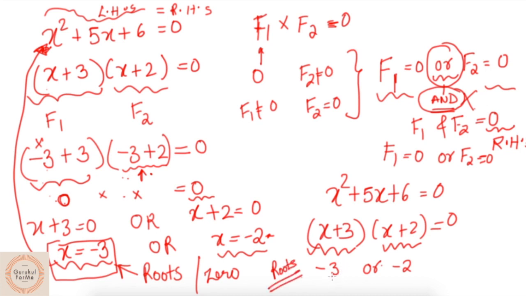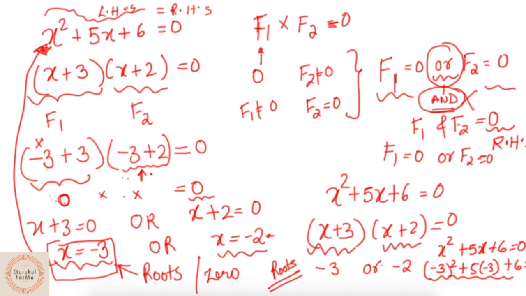And when you substitute back in this quadratic equation, x square plus 5x plus 6 is equal to 0, you substitute minus 3 square plus 5 into minus 3 plus 6 is equal to 0. Do you find that when you solve this, you get the answer as 0? Yes.